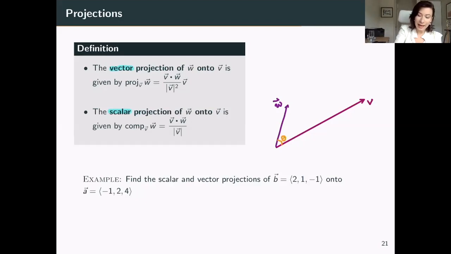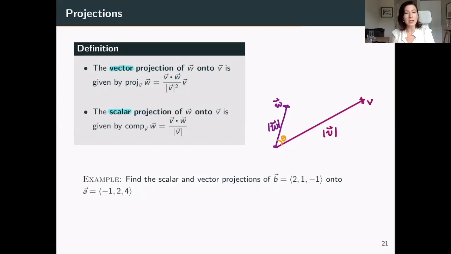I can look at the length of my vector W and note that that length is the magnitude of W. And similarly, the length of my vector V is going to be the magnitude of vector V.